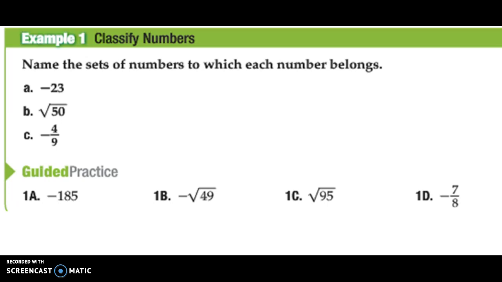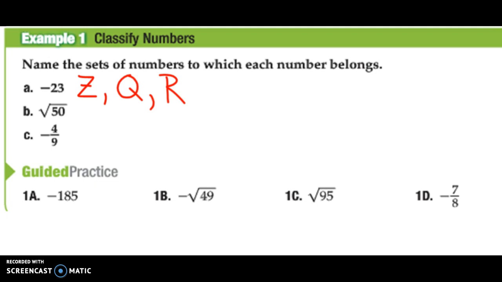If it's negative, it means that it's going to be an integer. Okay? We use the letter Z to represent integers. Okay? If it's an integer, that means that it's a rational number. Q represents rational numbers. And then finally a real number. Okay? So Z, Q, R: integer, rational, real.